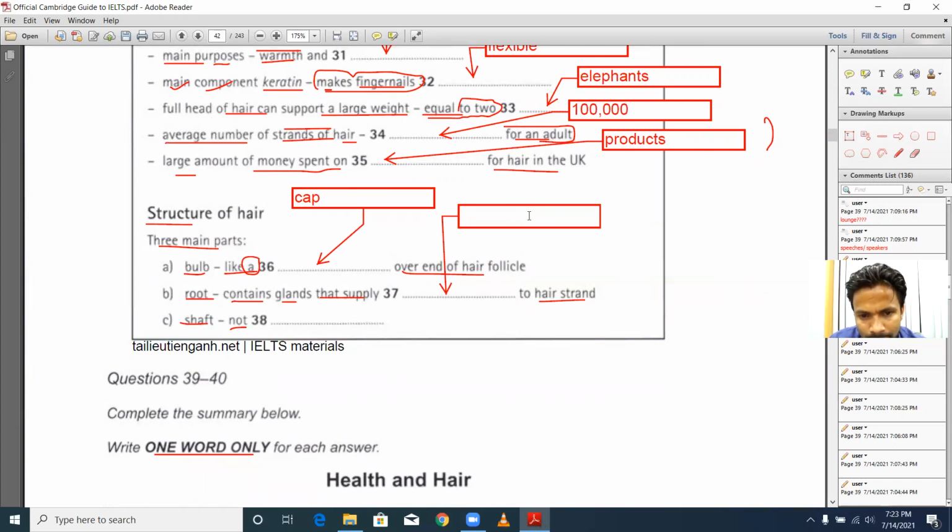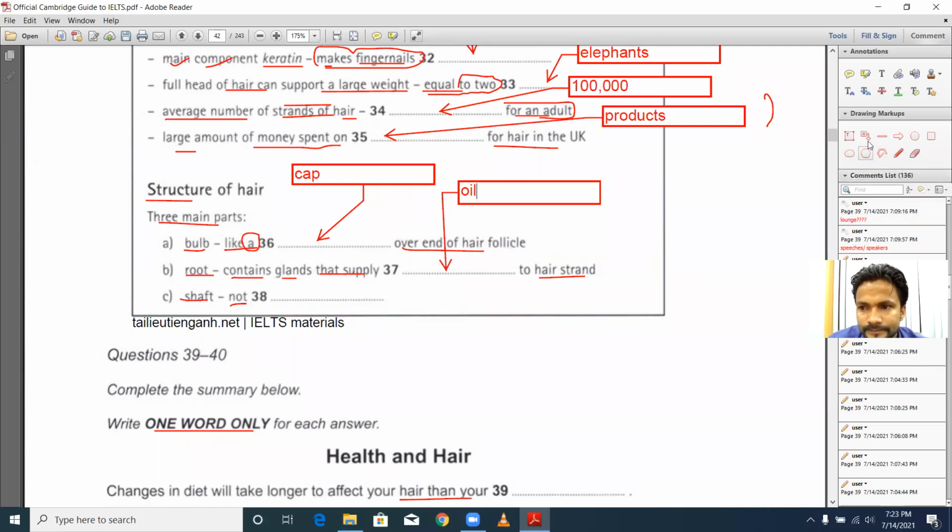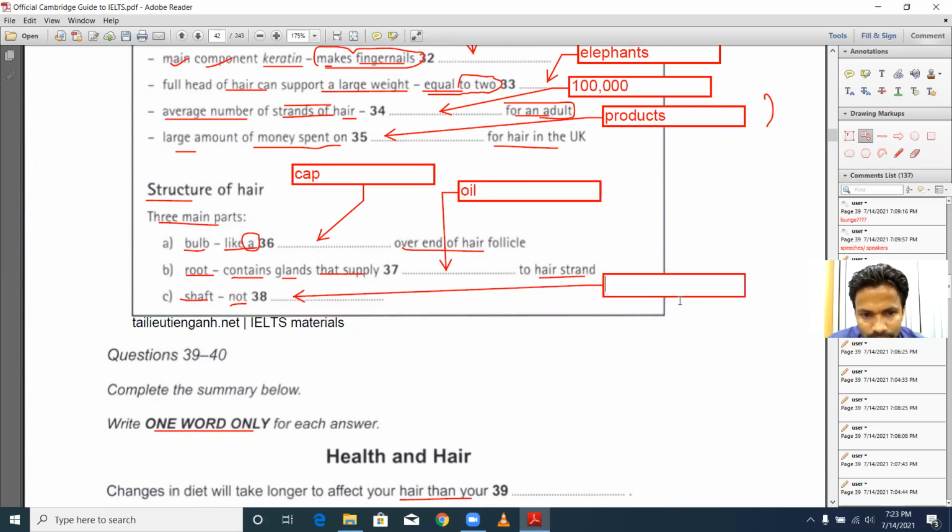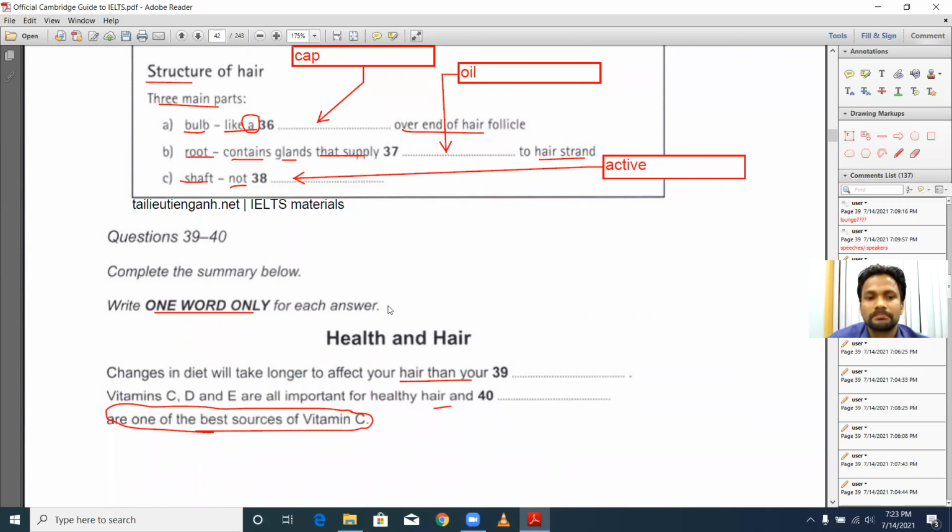These produce oil, which flows along the length of the hair, and the health of the root determines the overall health of the strand of hair. The last part is the shaft, and this is the hair which is above the skin, and is, of course, what we can see. Fortunately, this is not active. And I say fortunately because otherwise it would be very painful to have your hair cut.